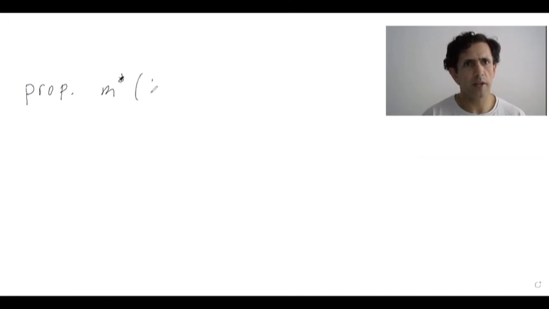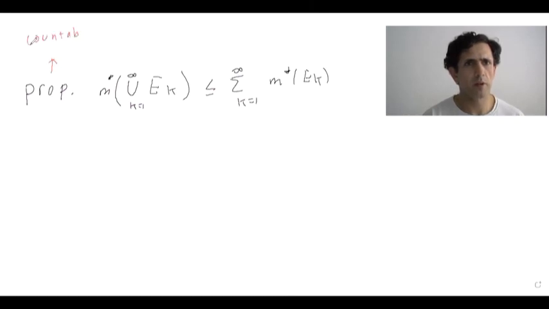If we have a sequence ek of subsets of the real line, and we want to take the outer measure of its union, then we can say, at the very least, that this is less than or equal to the sum of the outer measures. Yeah, as I mentioned, this is called countable subadditivity.